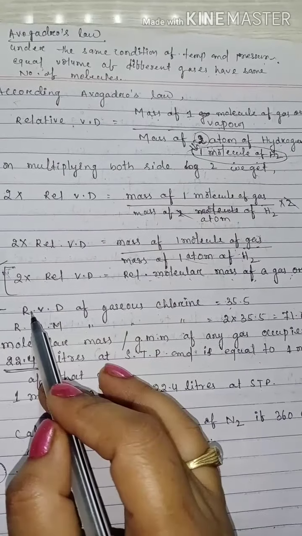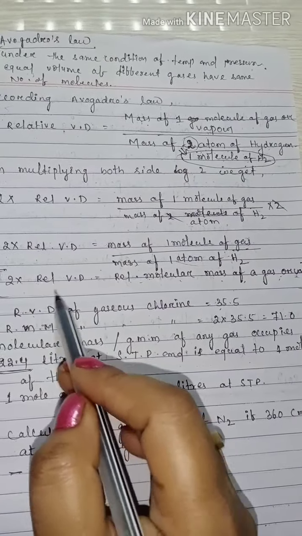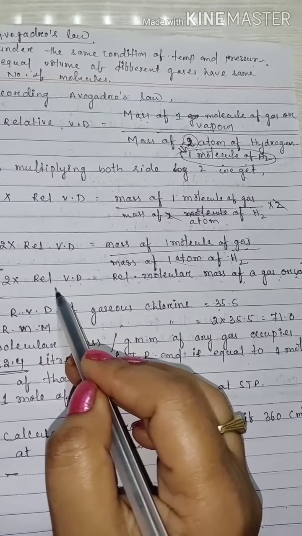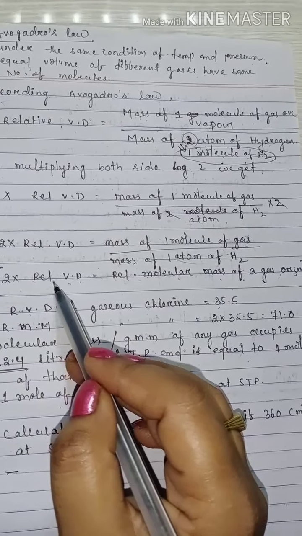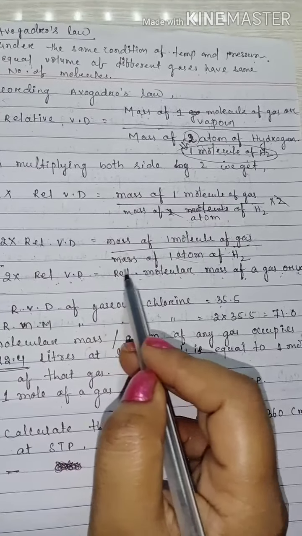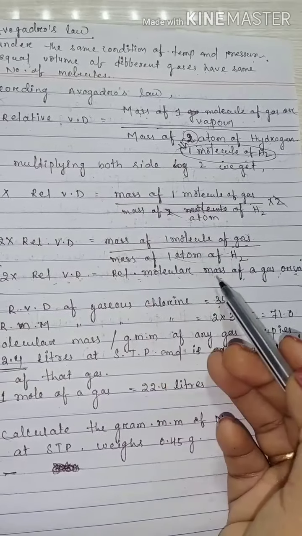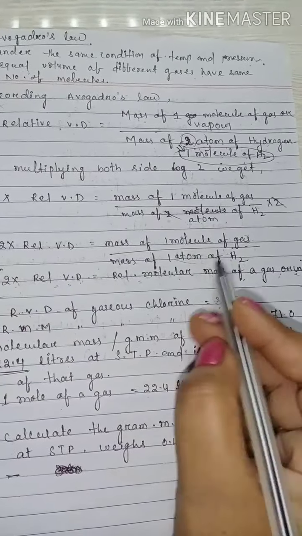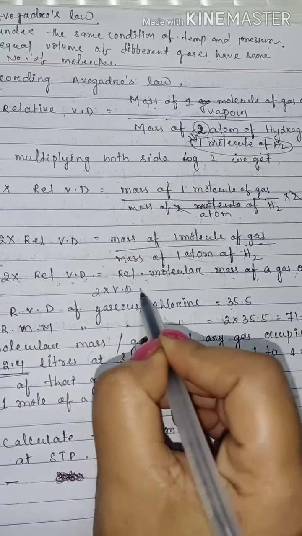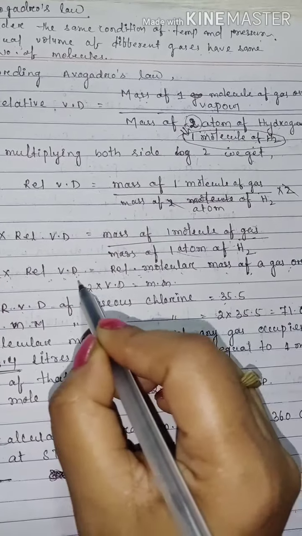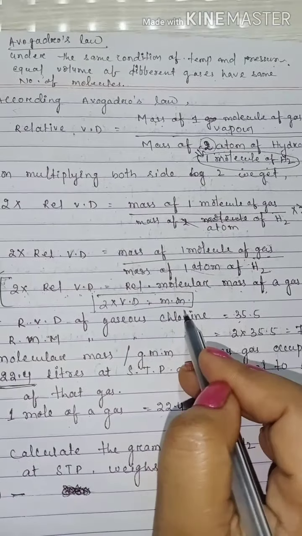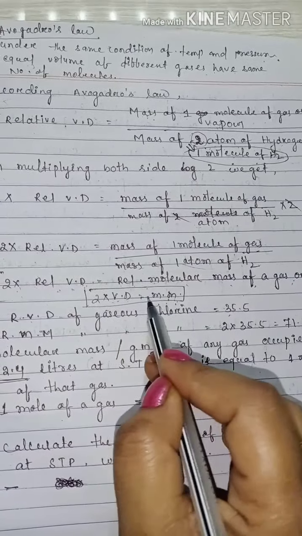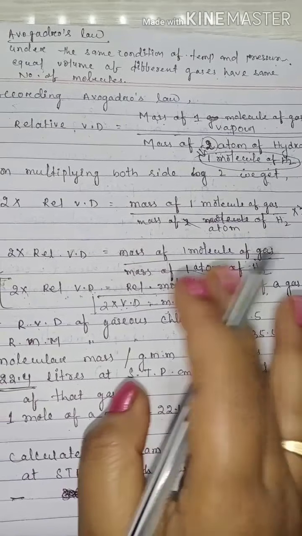So what we concluded here is 2 into vapor density is equal to molecular mass. Simply, 2 into vapor density is equal to molecular mass. This is the formula, the relation we get between the relative molecular mass and the vapor density. Can you understand how this happens?